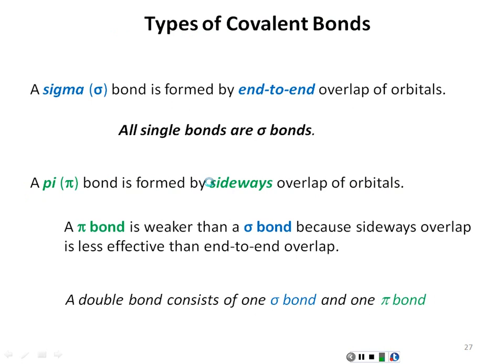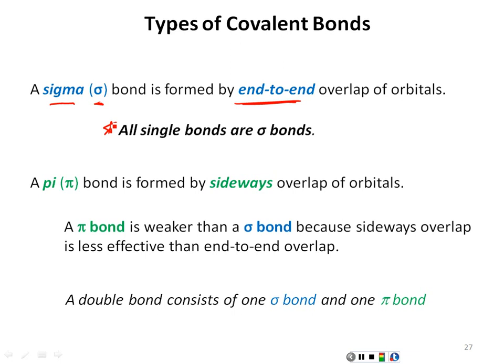There are 2 types of covalent bonds. One is a sigma bond, given by the Greek letter sigma. This bond is formed by end-to-end overlap of orbitals. Another thing to remember, all single bonds are sigma bonds.